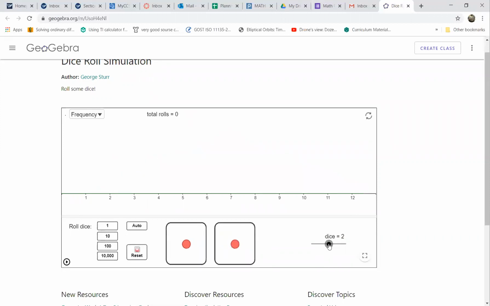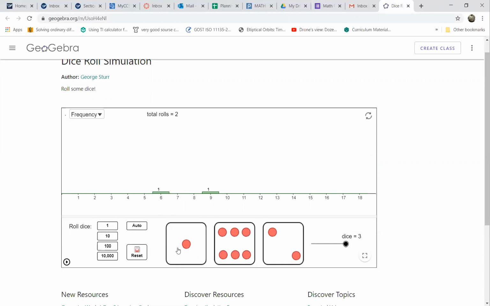You can actually add more dice, like 3 dice, and then just try to roll them. As you can see, the sum of these numbers, 3 plus 2 plus 1, is 6. So 6, the sum came once. You can repeat this. The next sum is 6 plus 1, 7, plus 2, 9.